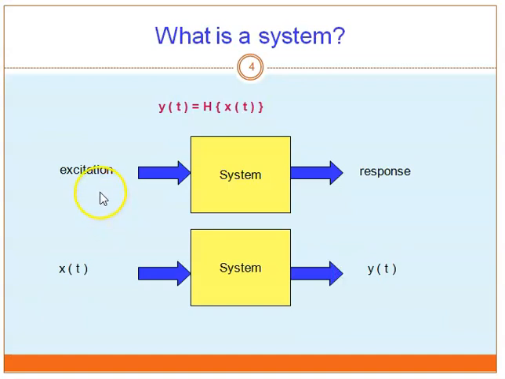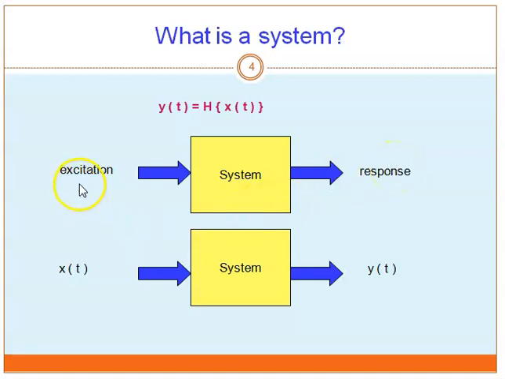Here, the first diagram is showing you the excitation signal, which is the incoming signal, the input signal, x(t). It will enter into a system, which is denoted by this block, and it will give you the output signal, which is the response.